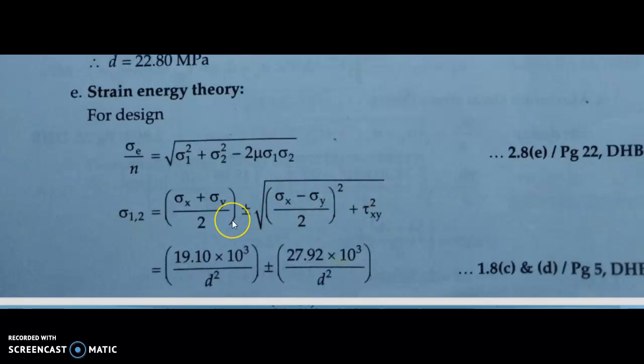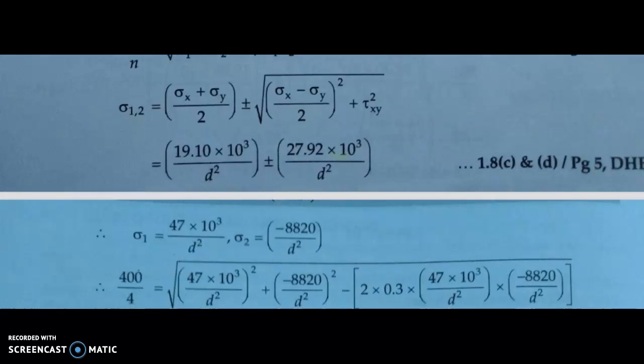So using this equation we can find the sigma 1 value, that is the maximum principal stress. What will be the minimum? That is sigma 2. For sigma 2 we use the minus sign instead of the plus sign here. So sigma 2 is the minimum. How can we identify it? Use the minus value here, no other changes. So using this equation we can find the values of sigma 1 and sigma 2.